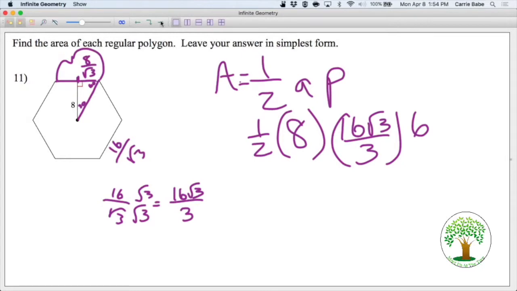Yes, my bad. So on your calculator, I would suggest that you do it this way. Everything in the numerator is going to be in yellow: the 1, the 8, the 16, the square root 3, and the 6 are all numerators. The denominators will be in red, the 2 and the 3. Be careful when you put this in your calculator. You could just do 1 divide 2 if you want to, and then divide 3 at the end, making sure you put in the fraction button.